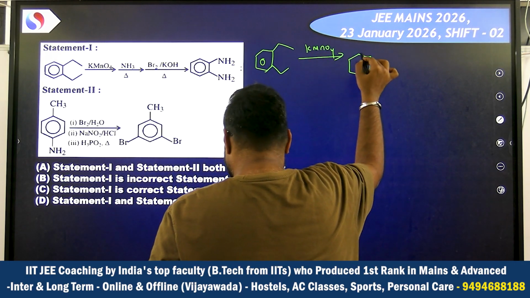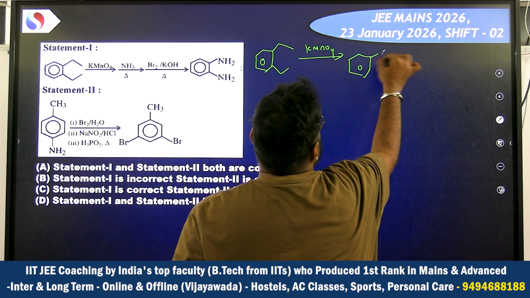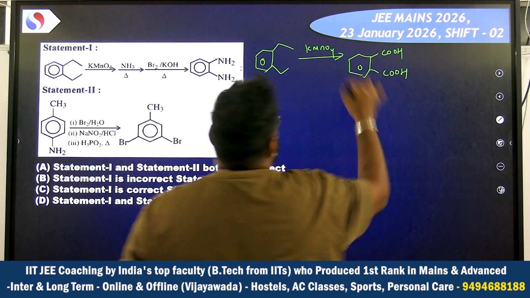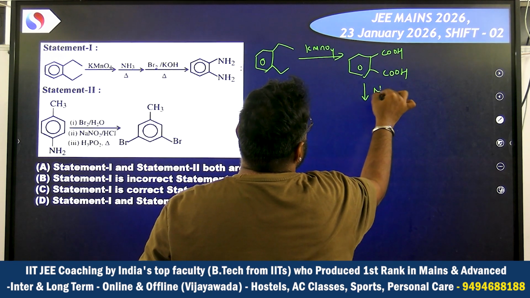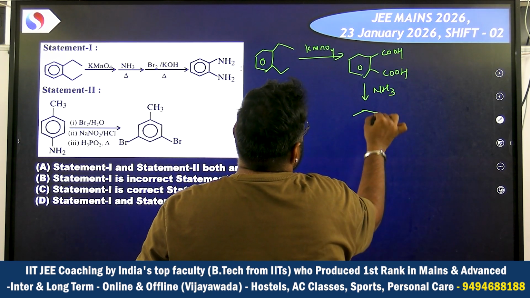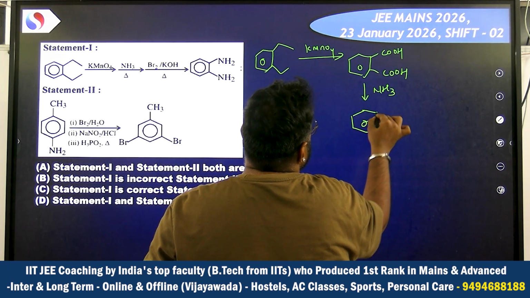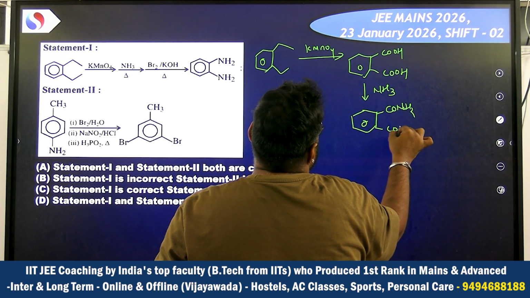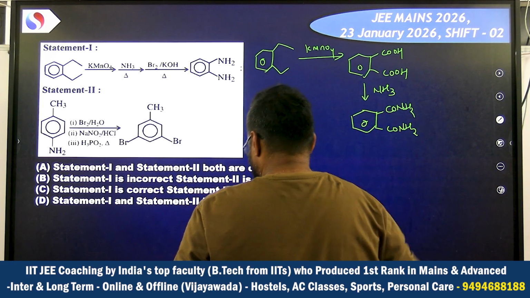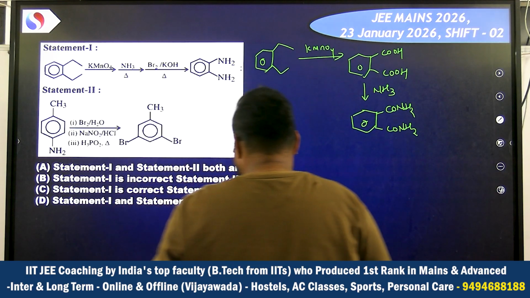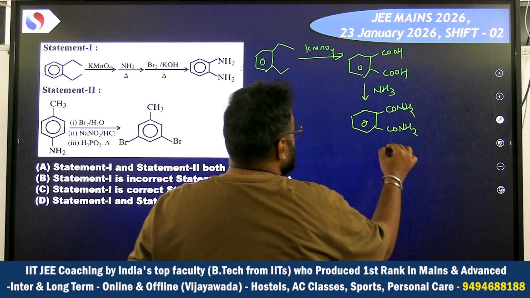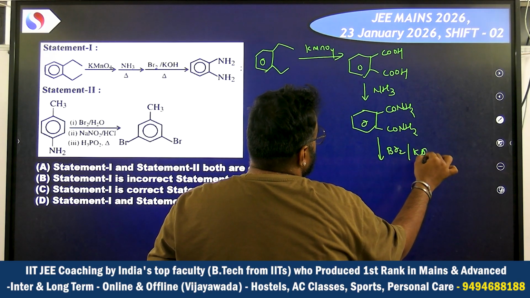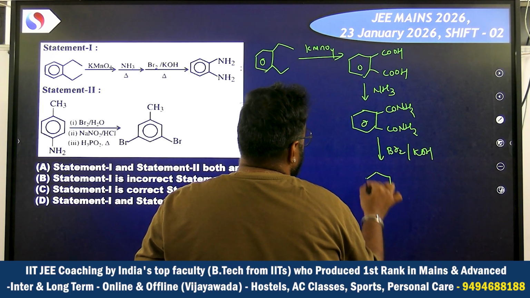This will undergo carboxylation. This is reacted with NH3, so what will form? Amide, CONH2. Now this amide, when reacted with Br2 in presence of KOH, Hofmann bromamide reaction, what will happen?